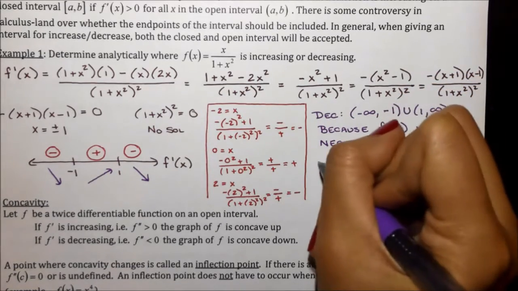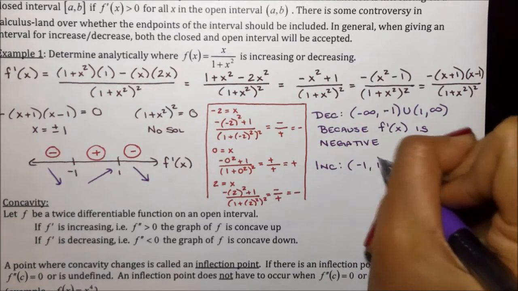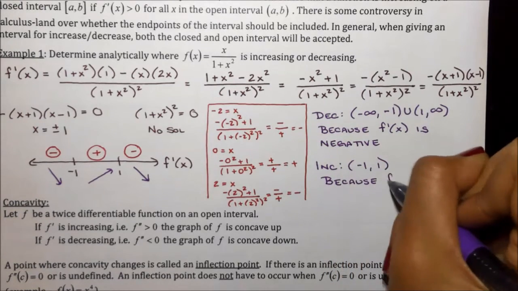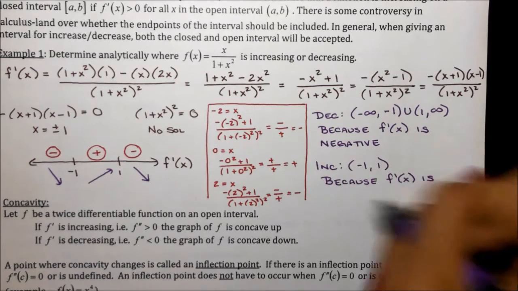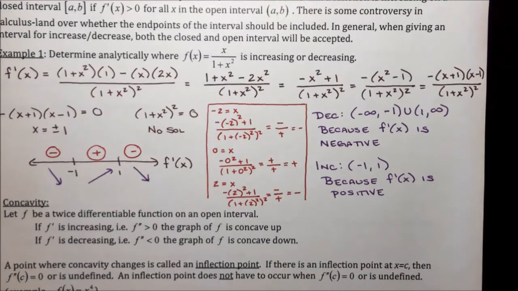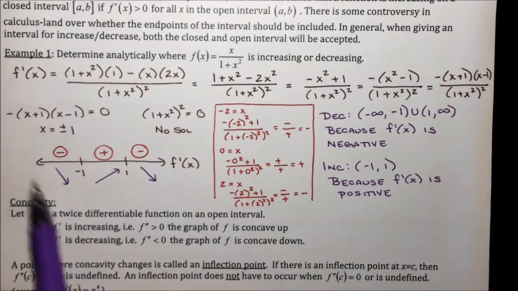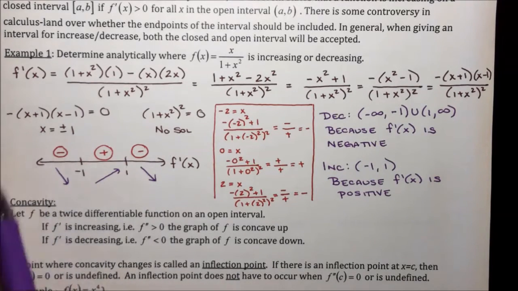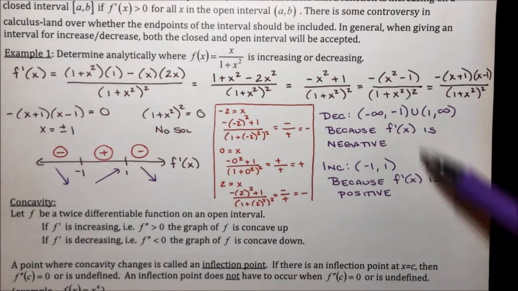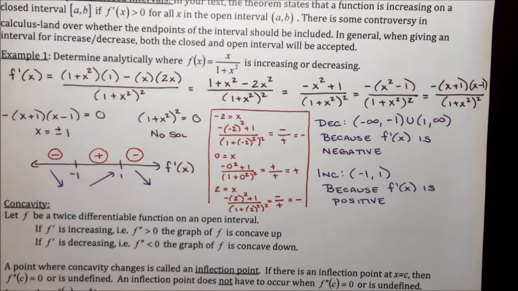And then you say that the function is increasing on the interval -1 to 1 because f prime of x is positive. Okay. So you always have to explain your reasoning. This number line chart is not enough to explain your reasoning. You do have to include it to show your work, but this is the explanation that I really want. Okay? So that's increasing, decreasing, and constant.